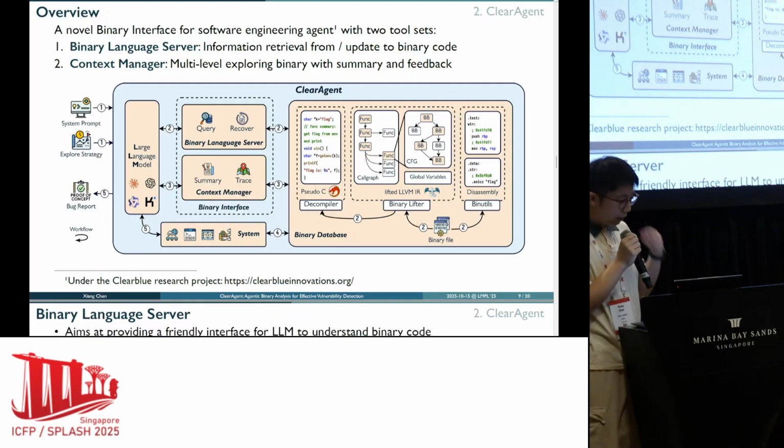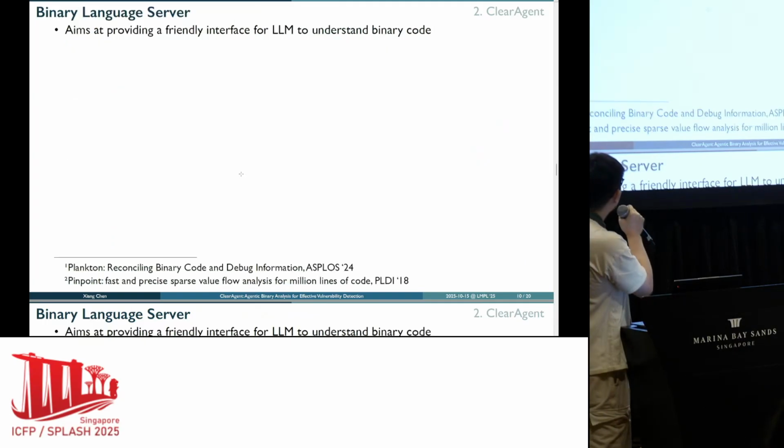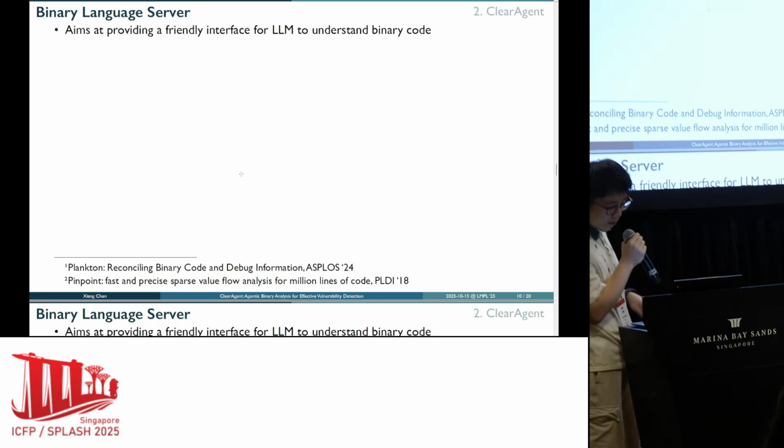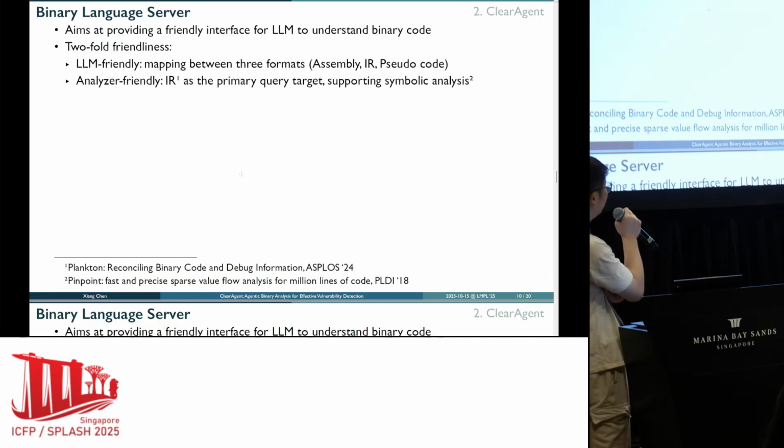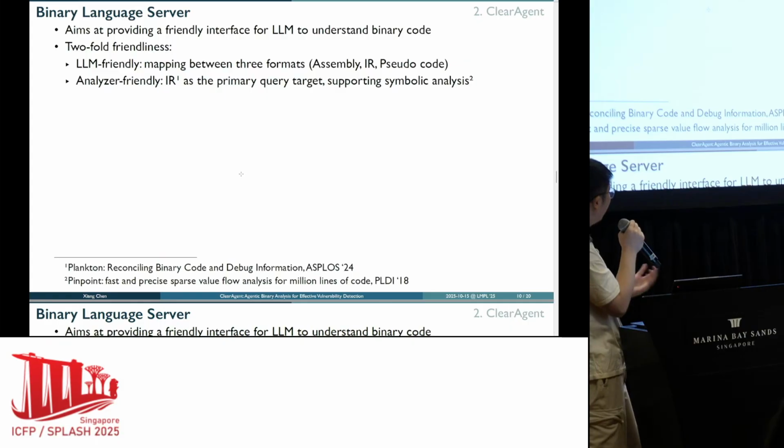Now let's briefly discuss the details of the two core components in our binary interface. The binary language server aims at providing a friendly interface for the LLM to understand binary code. The friendliness is twofold. The first is LLM friendly, which means that we have provided a mapping between these three formats of binary code and help the LLM to understand the binary code in a unified way.